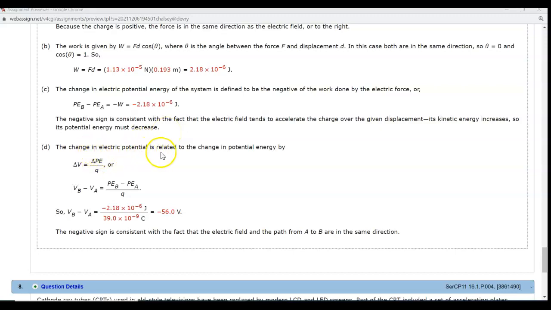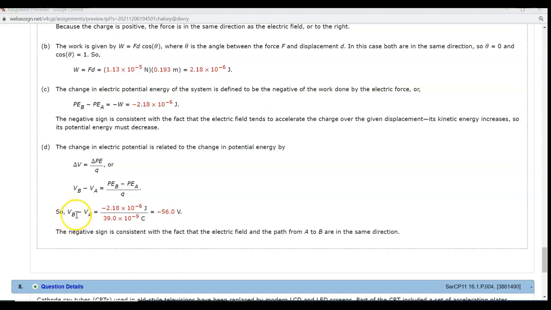The change in electric potential is related to the change in potential energy. The change in voltage is equal to the change in potential energy divided by the charge. The change in voltage is VB minus VA. The change in potential energy is PEB minus PEA.